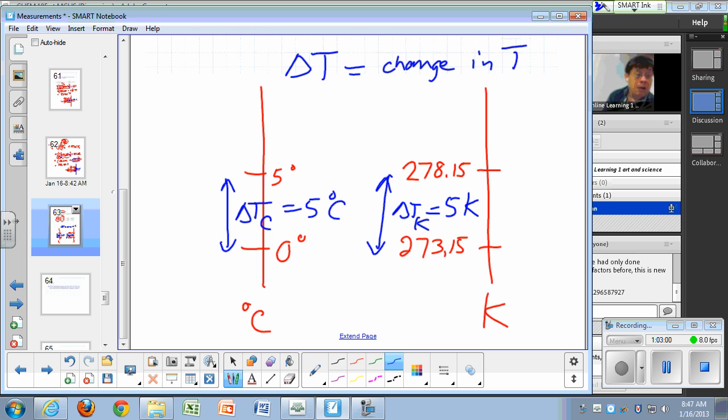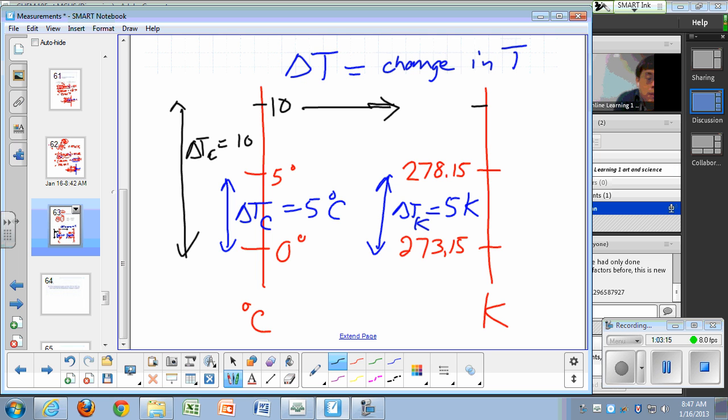All right? What if I did a delta T of 10? Delta T Celsius is 10. What's delta T on the Kelvin scale? What would this be on the Kelvin scale? 10 degrees Celsius on the Kelvin scale is 283. Okay, whatever Celsius reading you have, you add 273.15, you get your Kelvin reading.